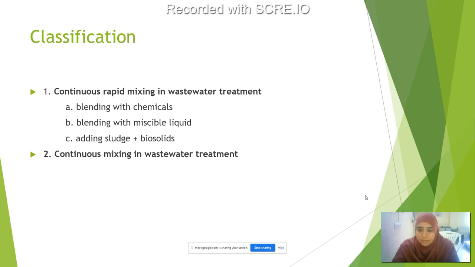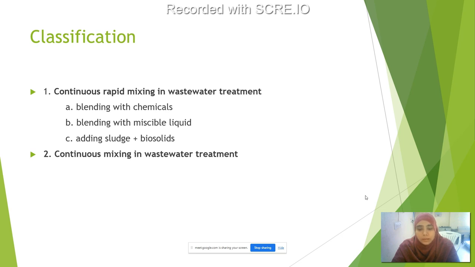In the next slides. Now coming to continuous mixing in wastewater treatment, meaning mixing greater than 30 seconds. Continuous mixing is used where the content of a reactor, a holding tank or a basin should be kept in suspension, such as an equalization basin, a suspended growth biological treatment process, aerated lagoons, and aerobic digesters.